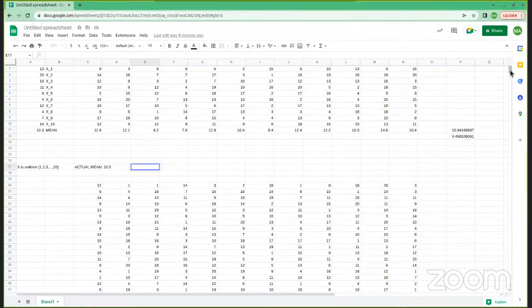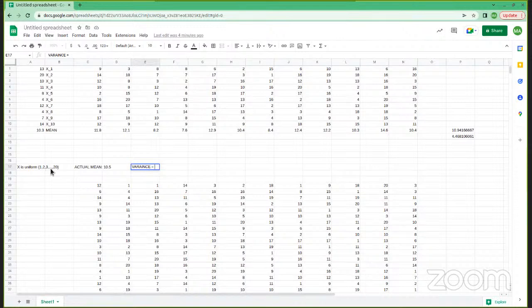Can you please explain this part? So what is the population variance, sigma square? If X is uniform between 1 and 20, it is (B minus A) whole square by 12.